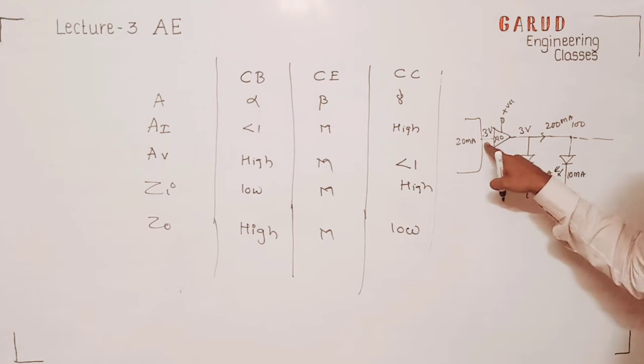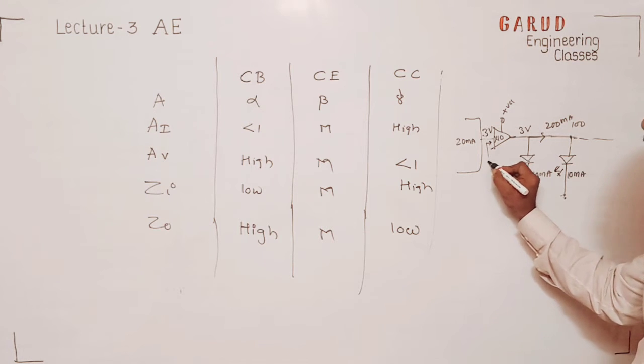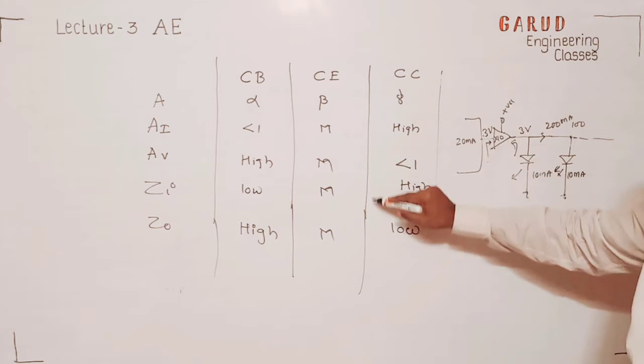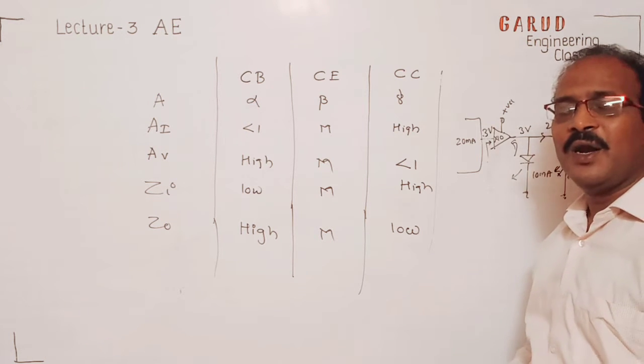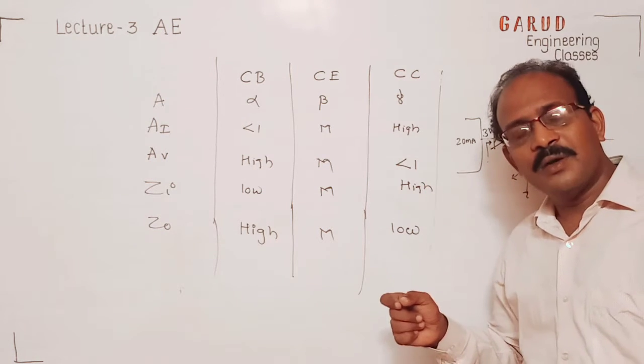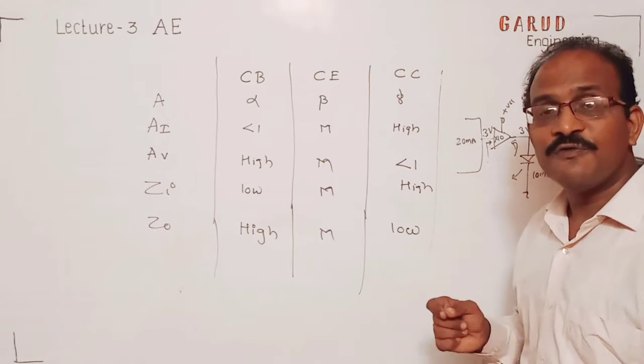Now, the input impedance of any circuit we are inserting must be very high, and the output impedance must be very low. So this CC amplifier is excellent as a buffer. There is a question in the exam also: why is common collector used for a buffer?